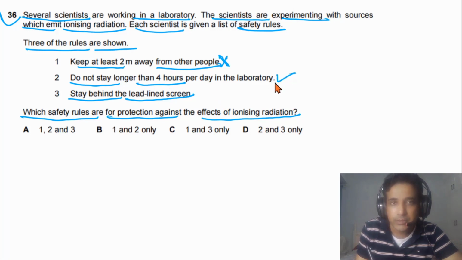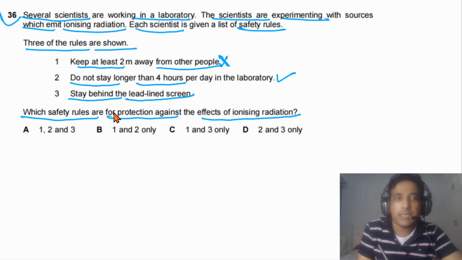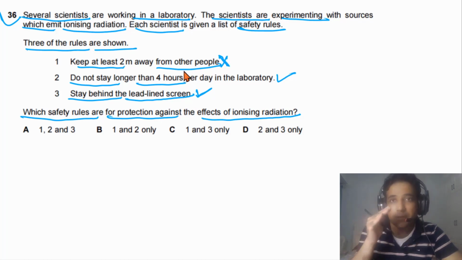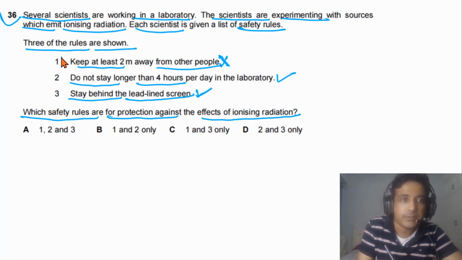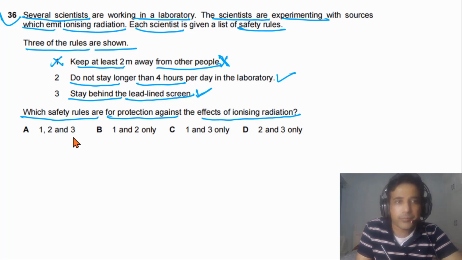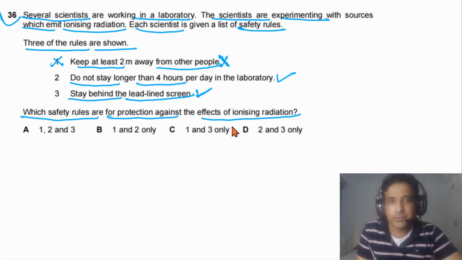This one is correct. Stay behind the lead lined screen so you can protect yourself from gamma radiation. This one is also correct, but this is not a safety precaution for an individual, so that's the reason this one is incorrect. So in this case we have 2 and 3. The answer for this question has to be D.